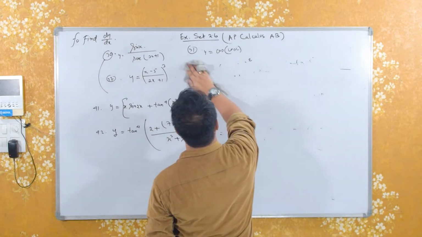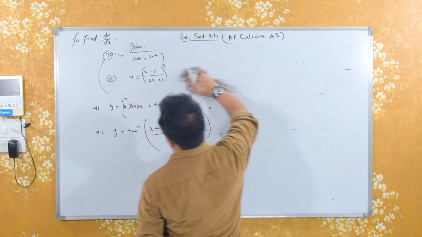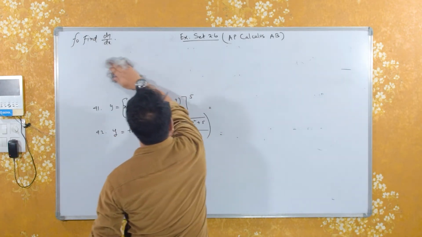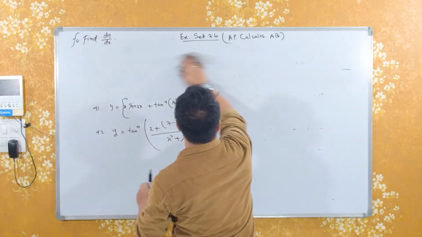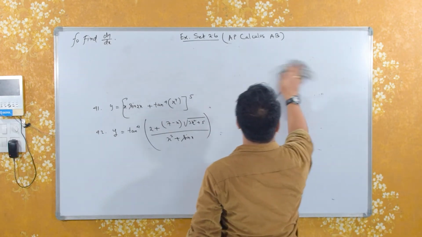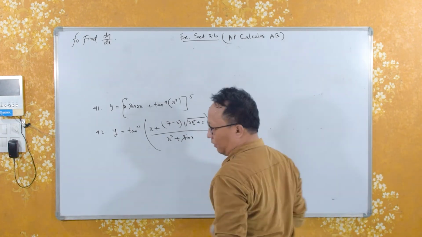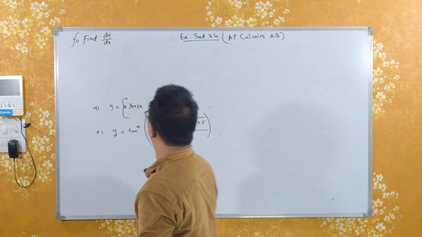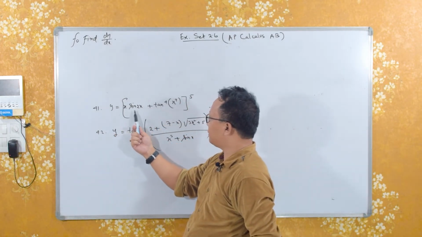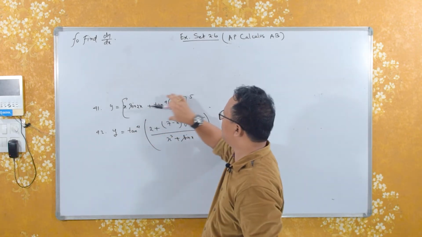Now number 41. Here you can see some trigonometric functions, and we have to apply the product rule in some terms, as well as algebraic terms inside. Here you have y equals x into sine 2x plus 10 to the 4 into x to the 7, something to the power 5.